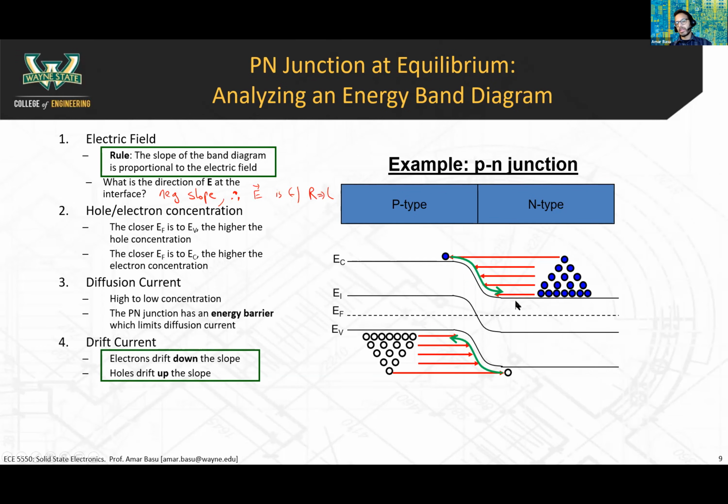That is the representation of an electron going from higher to lower energy states, drifting from the p-type to the n-type region. Now the holes like to move up the slope, because remember, a hole moving up the slope is the equivalent of an electron moving down the slope. So holes moving up this way is considered the drift of holes from n-type to p-type.